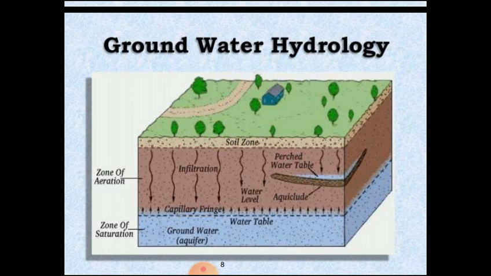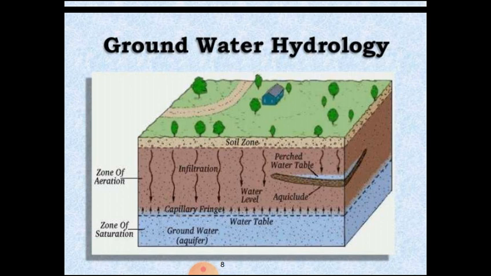Suppose we represent soil moisture on the y-axis, and on the x-axis we write 0. The maximum soil moisture content which is possible is denoted by field capacity.